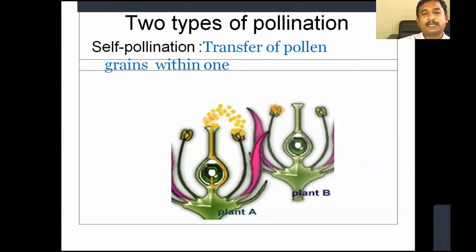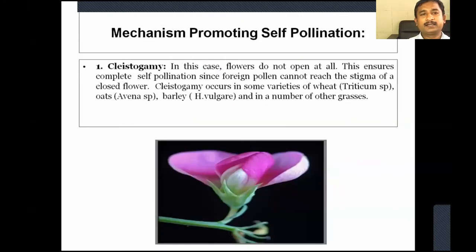If the pollen is transferred from plant B to plant A, this is called cross-pollination. Okay, and plants have different mechanisms. For example, in case of self-pollination, many plants have developed, in due course of time, mechanisms where they themselves promote self-pollination.